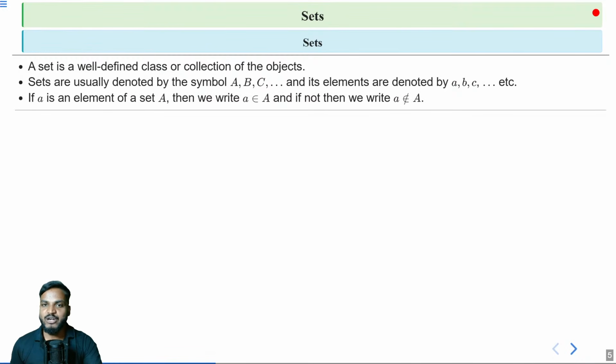If a is an element of a set A, then we write it as a ∈ A. This notation is read as a belongs to A. And if a is not an element of a set A, then the notation is a ∉ A, a does not belong to A. Here small a represents the element of set A and capital A denotes the set A.